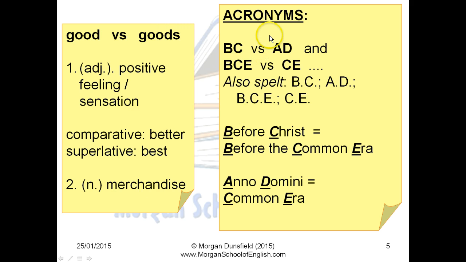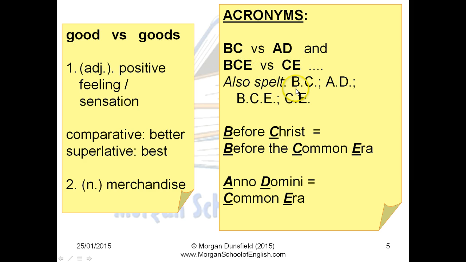Okay. Now here we have some acronyms. An acronym is a combination of the first letters of a group of words. Now these acronyms right here are used in history. So we have BC versus AD, or BCE versus CE.